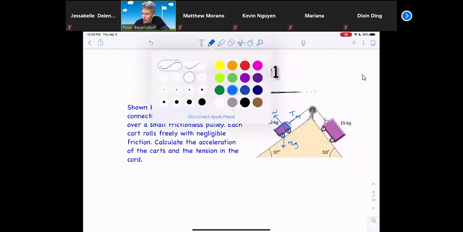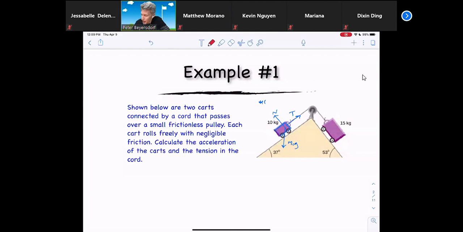So I am going to, in red here, draw the components of the weight that point down onto the plane and perpendicular. So this angle right here is the same 37-degree angle that I had for the hill. And so this downwards component of the weight is going to be M1G sine of 37 degrees. This component is pointing in what I'll call the minus y direction.